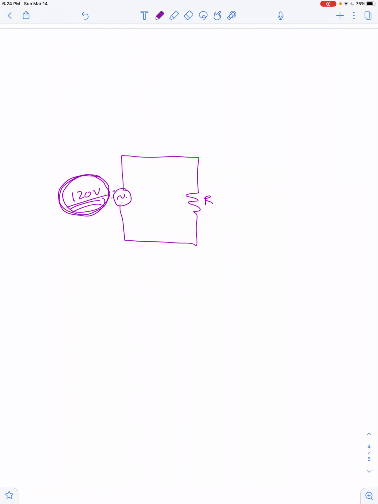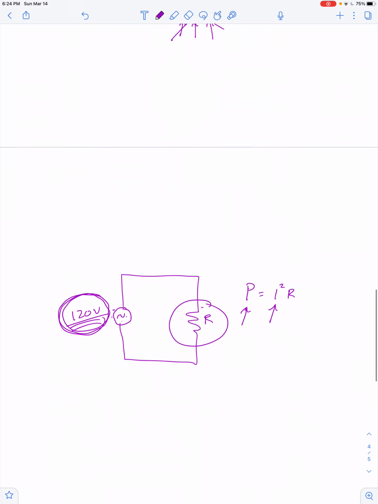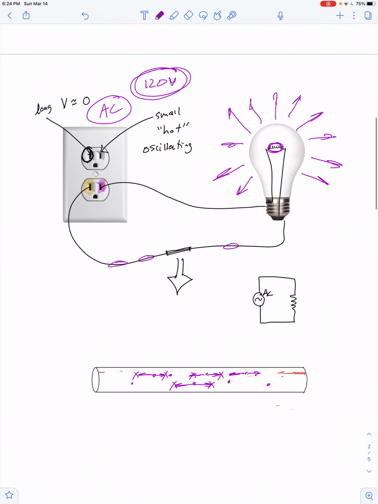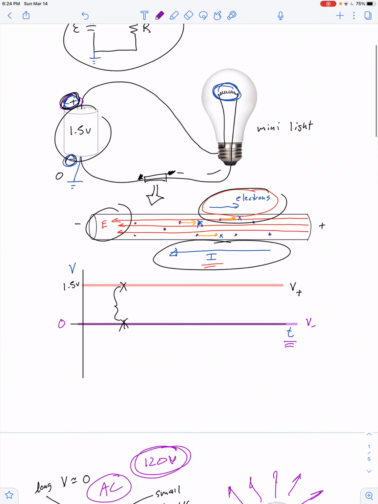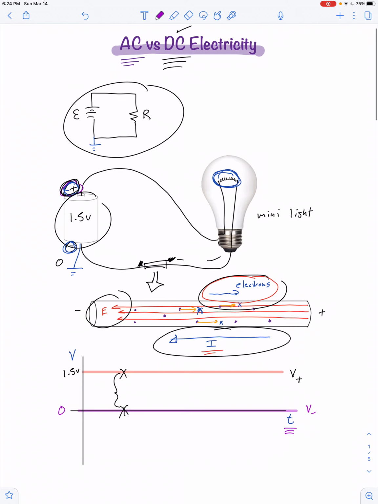And in any case, Ohm's law then still follows, okay? Like equations for power. Power is current squared times resistance. As long as this is the root mean squared value for the current, then this is the average power provided to the appliance. So let's go into the remainder of this unit of study with some ability to distinguish between AC and DC. Thanks for watching.